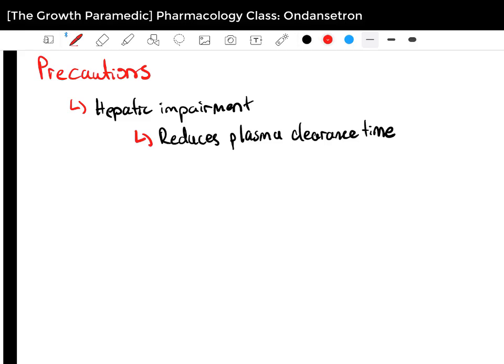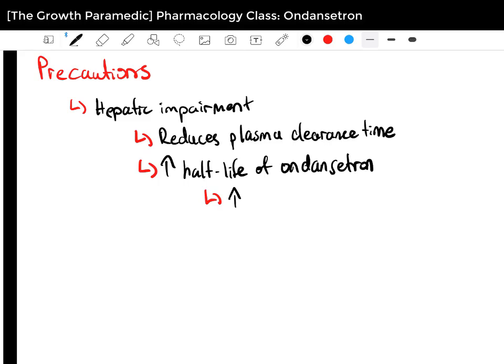And what this causes is increased half-life of ondansetron. And because of this, there is a significant increased risk of adverse effects, because the drug and its effects last longer in these patients.